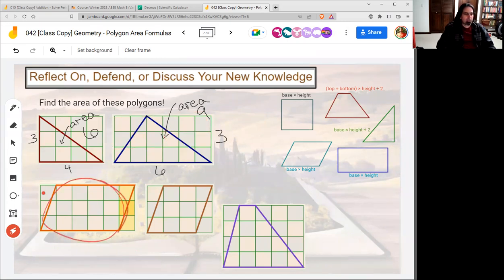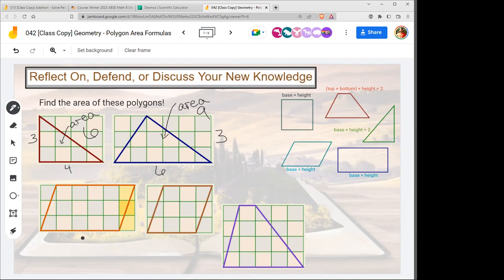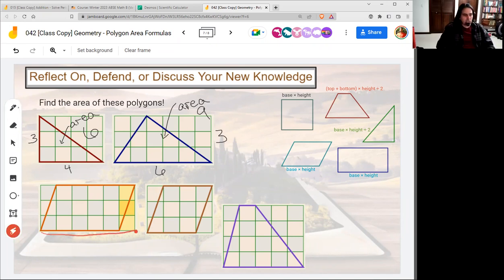Okay, orange time. So the bottom is 6. It's actually not. There are 6 squares, but the shape only goes to there.